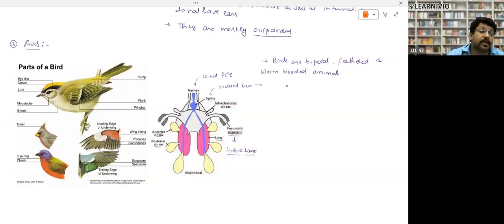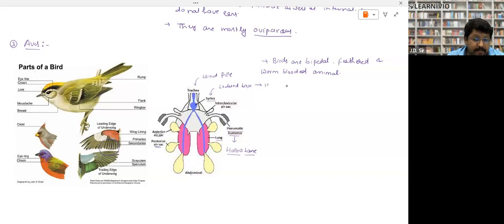So in birds, the hind limbs, means the back limbs, are for walking. And what are the forelimbs? Forelimbs convert into wings. Got it? Forelimbs convert into wings. Next point.